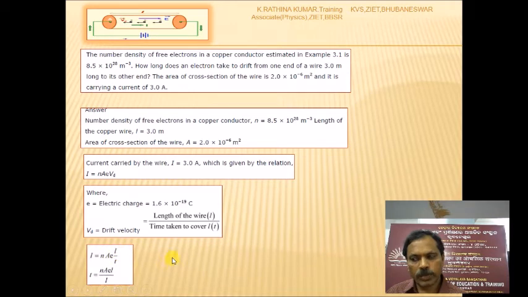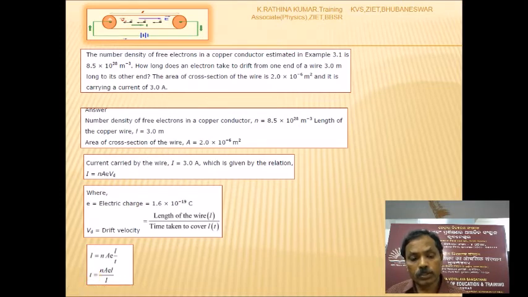Then the equation we can take is I is equal to n A e L by t, because the velocity is written here in terms of the distance and the time. We want the time only, therefore that equation is rearranged.